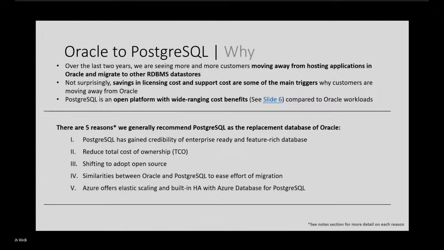You can club those two data types with the same T-SQL or PL/pgSQL statement. That's, I mean, innovation in itself, right? So those kinds of feature-rich extensions are what is driving more customers towards PostgreSQL.